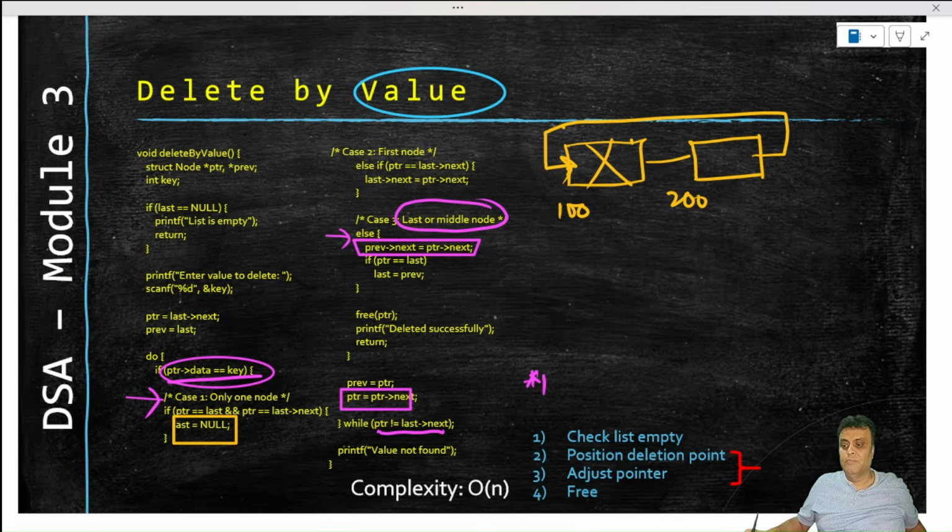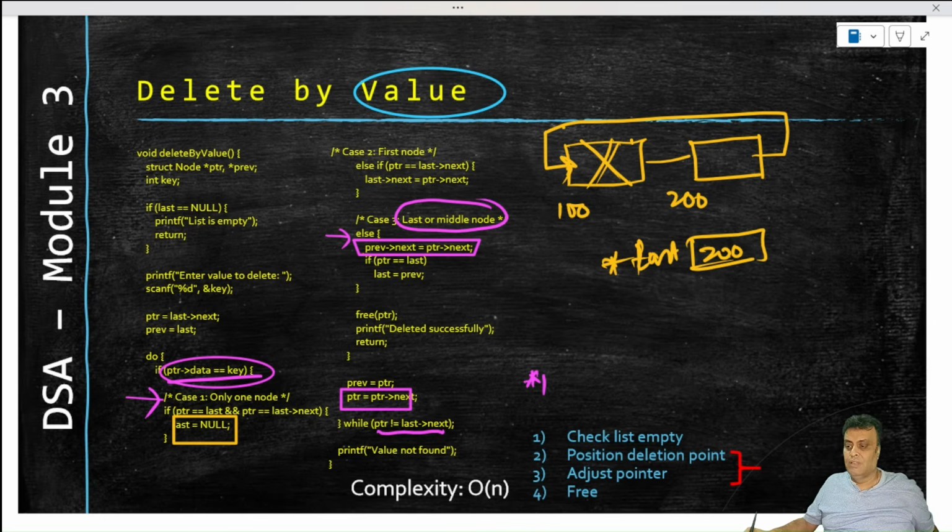Then what will happen? Our last is pointing to 200, and we want to delete this node, right? So our last should change. Whatever is pointing to 200, that particular next should point to itself.